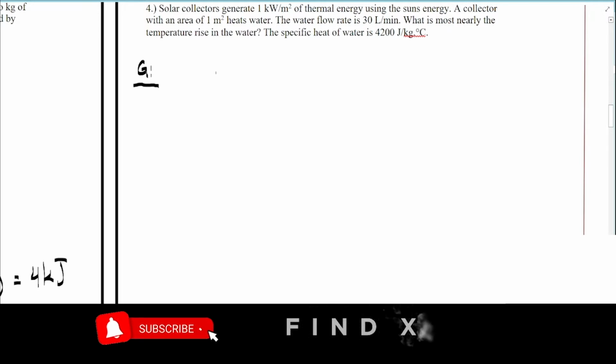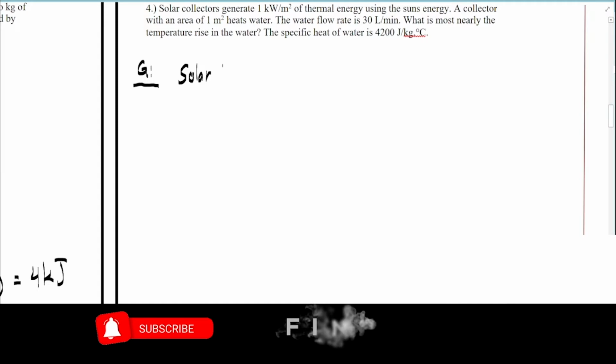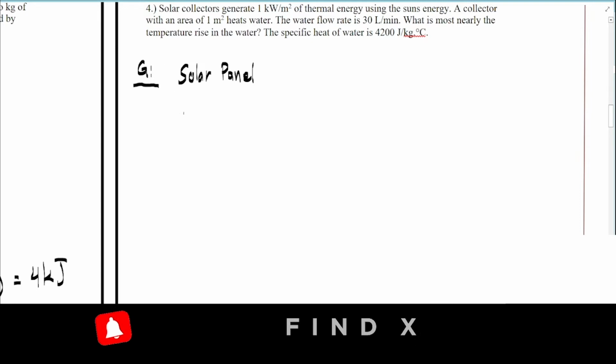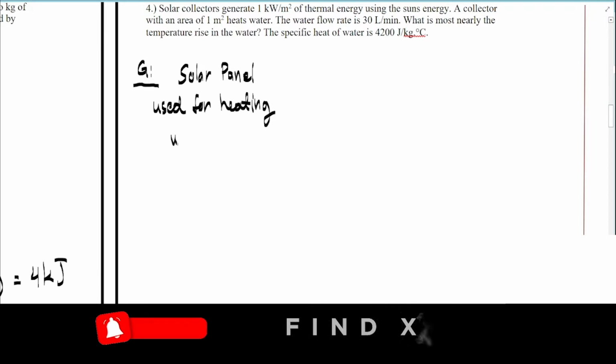Okay, so let's write down the givens. First, this is a solar collector, so we can say that this is a solar panel or a solar cell that is designed to heat water, used for heating water. What are the givens here?